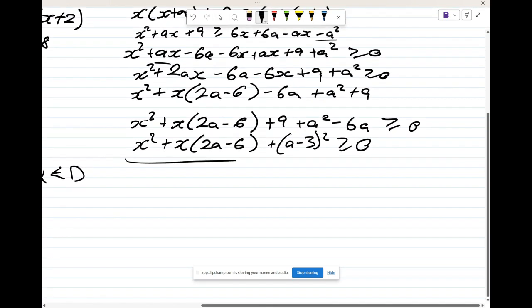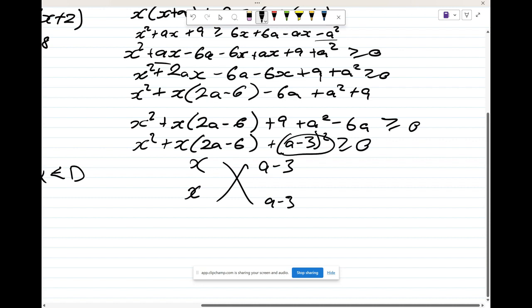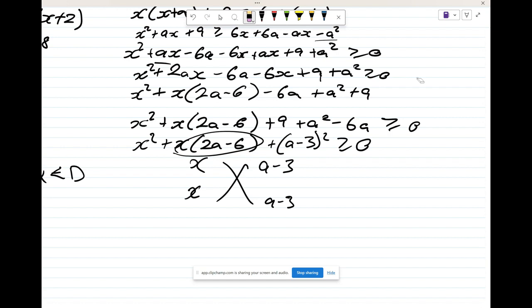And this kind of looks like a quadratic. We have an x squared, an x, and some kind of constant without x. So let's just try to factorize it. x times x is x squared. a minus 3 times a minus 3 is (a - 3)². And does this work for our middle one?